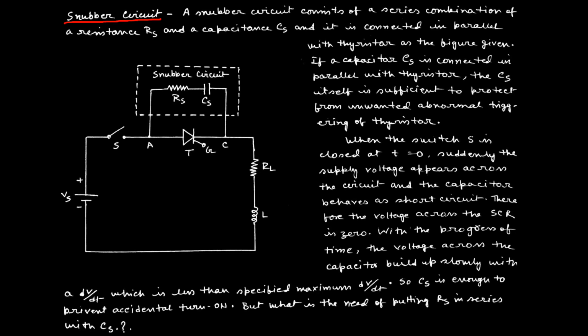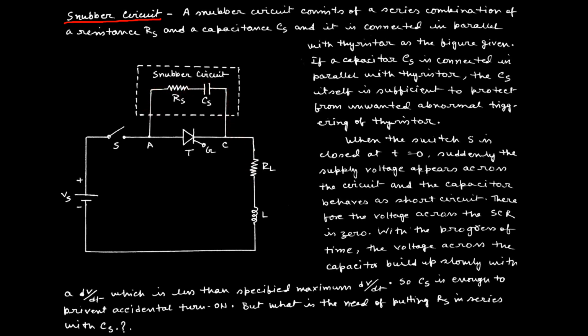Suppose when the switch S is closed, the current starts flowing in this direction. As the capacitor is there, it behaves like a short circuit. The current can flow through the capacitor to the load.